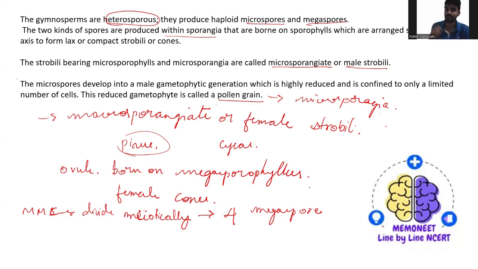So to form four megaspores. One of the megaspores will be enclosed within the megasporangium, and then it is going to develop into the multicellular female gametophyte. So then it is going to bear how many? Two or more.